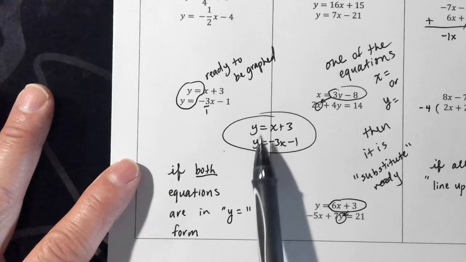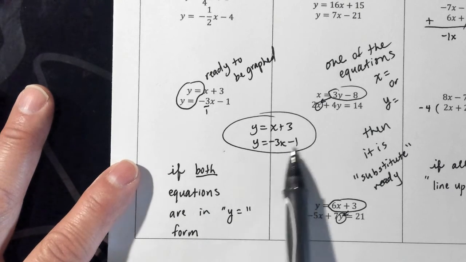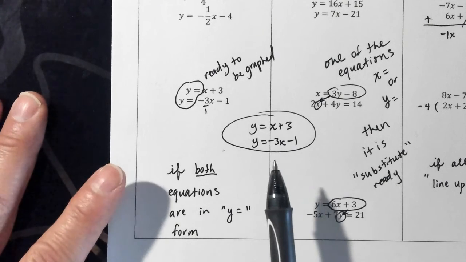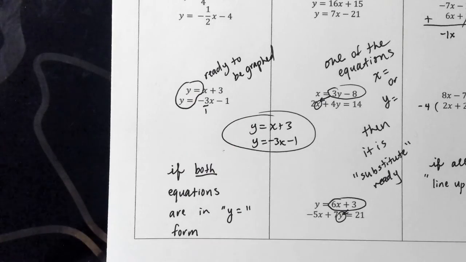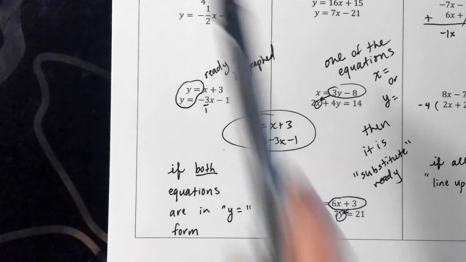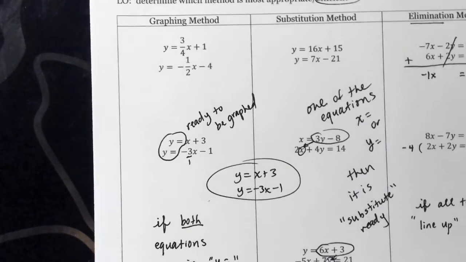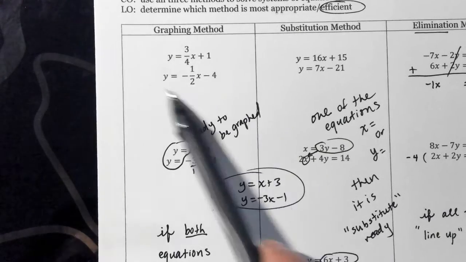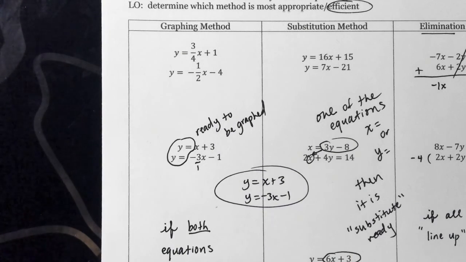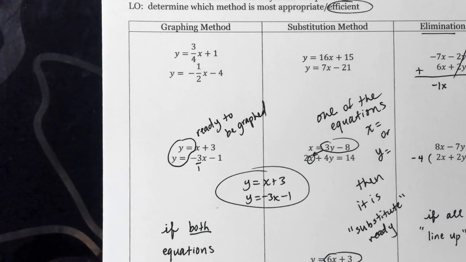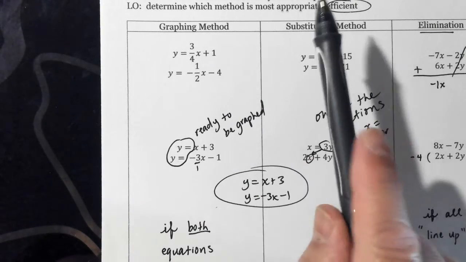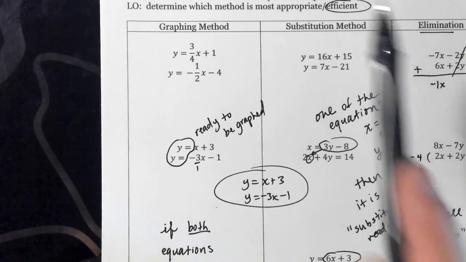If both of them are y equals, and the numbers are small-ish, and you have graph paper available, then you could use the graphing method, or you could use the substitution method. And if there are fractions involved, and the numbers are small, the graphing method is the most appropriate and probably the most efficient method.